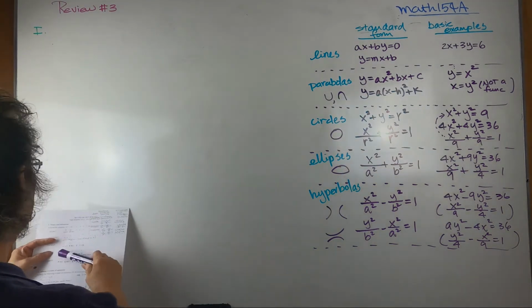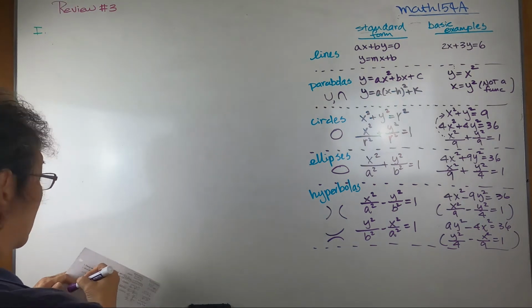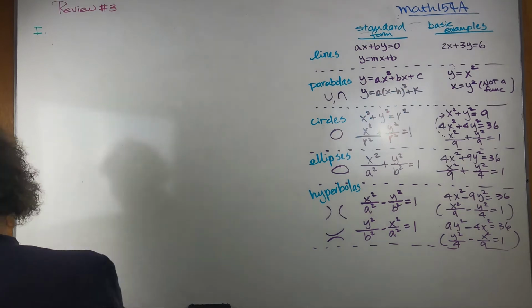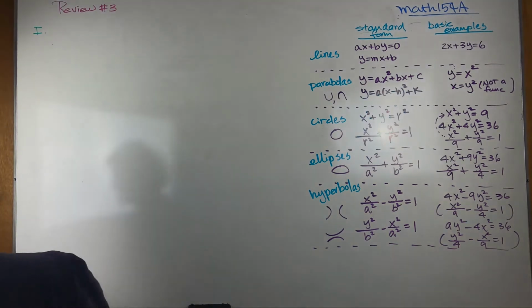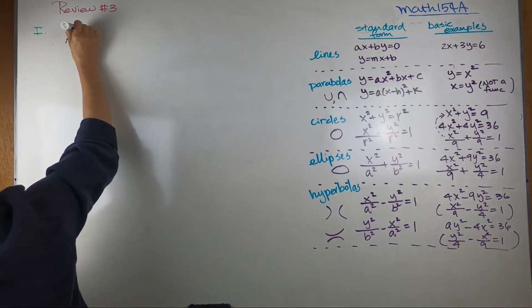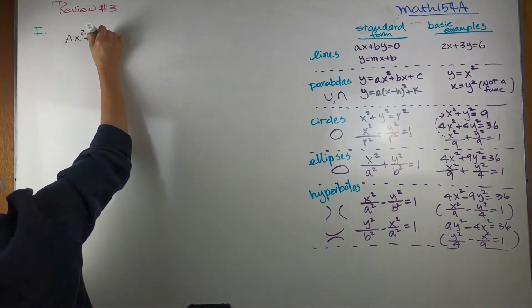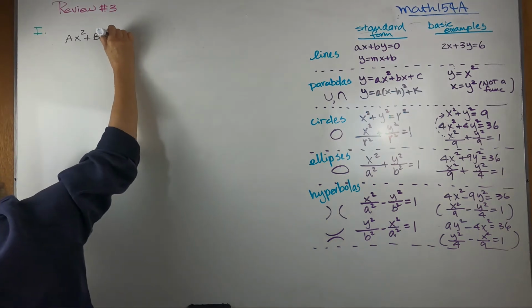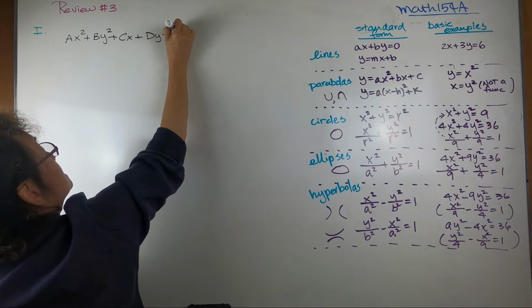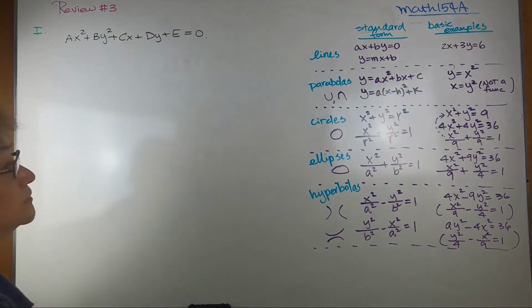If we write it this way, ax squared plus by squared plus cx plus dy plus e equals 0, okay?